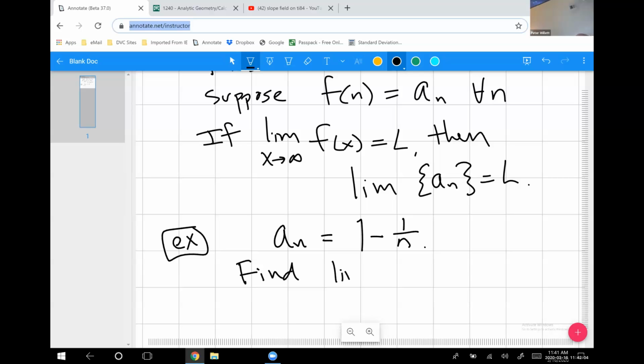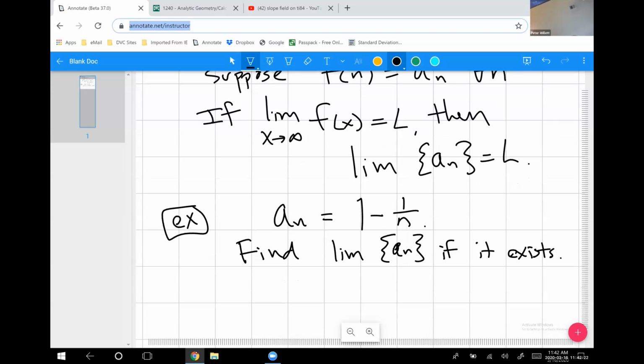Find the limit of the sequence of a sub n's if it exists. So we can sort of, as an example, just take a note of what we have here.